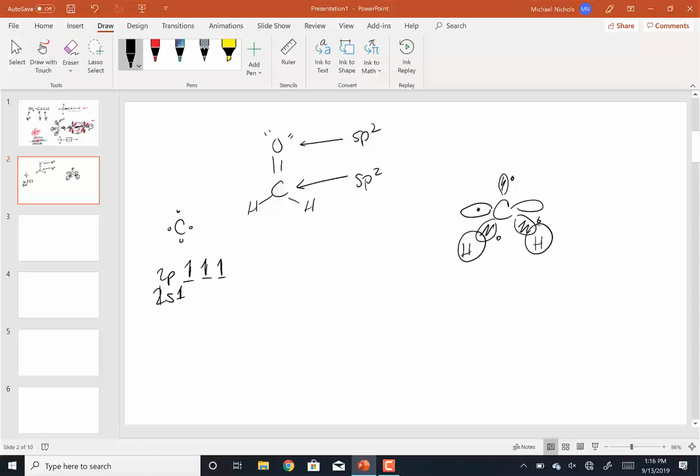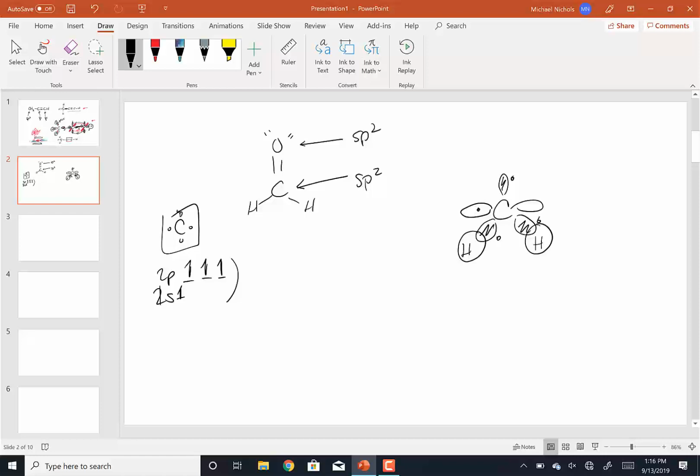So one into p, both lobes, and one in each of the three sp2s. So we hybridize the orbitals, then we put the electrons into them. The reason that carbon gets 4 is because in the excited state, carbon has 4 unpaired electrons, and you can also use the Lewis dot structure to tell you that it has 4.